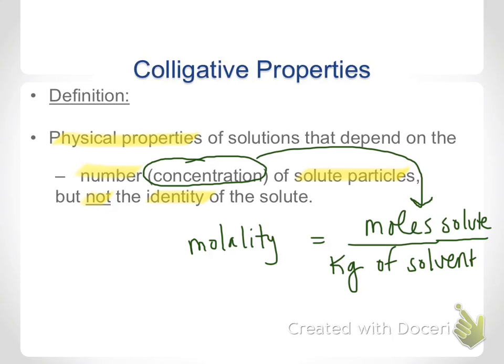On the bottom we've got kilograms, the mass of the solvent, just the solvent, not the entire solution. So molality is abbreviated with a small m, and its units are moles per kilogram.